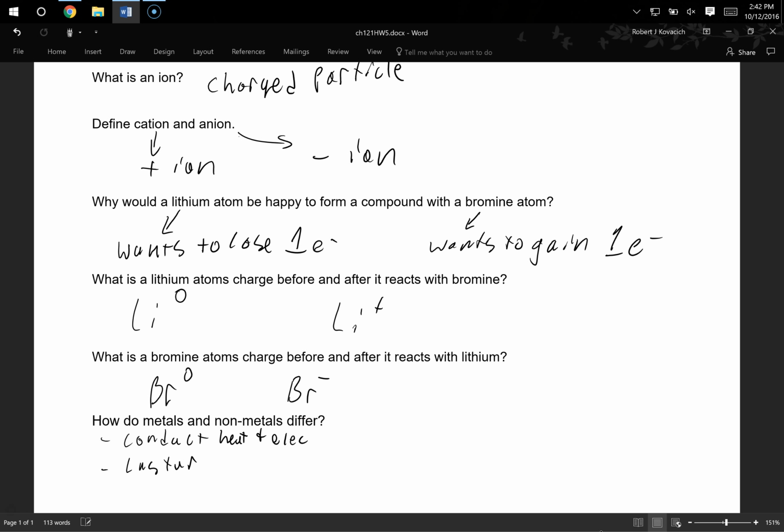They have luster, shape. So malleable and ductile. They can form alloys. Give electrons. They like to give electrons away.